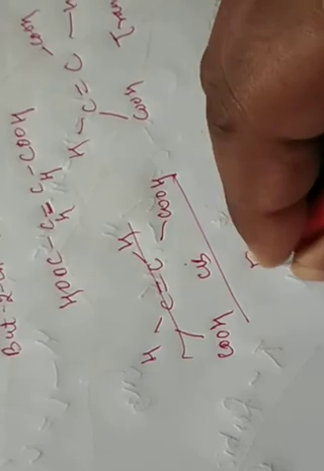And the next structure is what? Trans. Clear? COOH and H on opposite sides. This is trans. Clear? Trans is more stable and cis is more reactive. If hydrogen is on the upper side, this type of structure is known as fumaric acid.